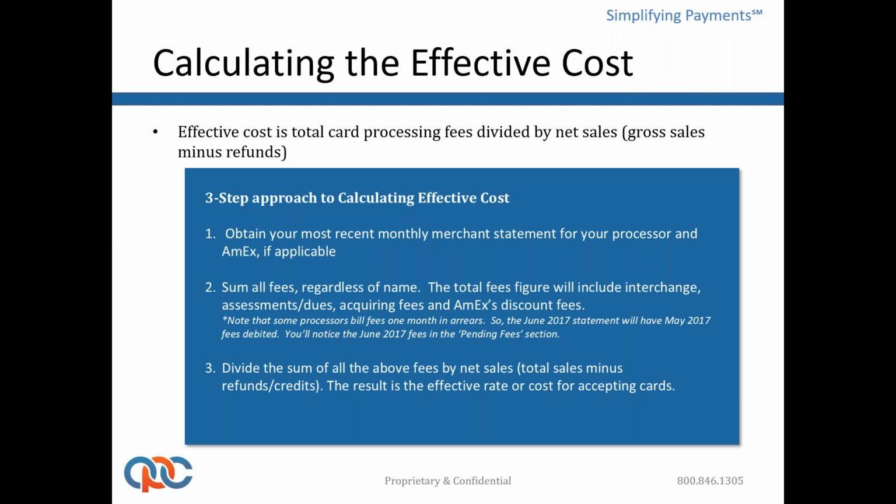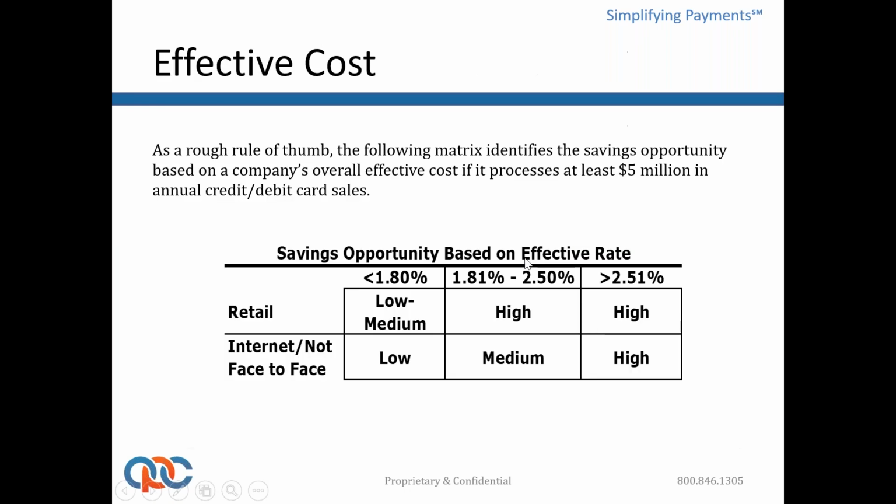Right. So let's go to the next slide. Let's try to bring this effective cost discussion, give you a perspective. So you can divide your organizations up into either retail, or internet or not face-to-face, or you might have a combination of both, where you have retail operations as well as card not present operations.